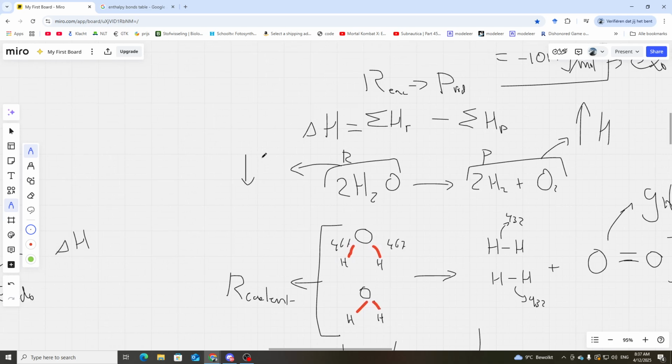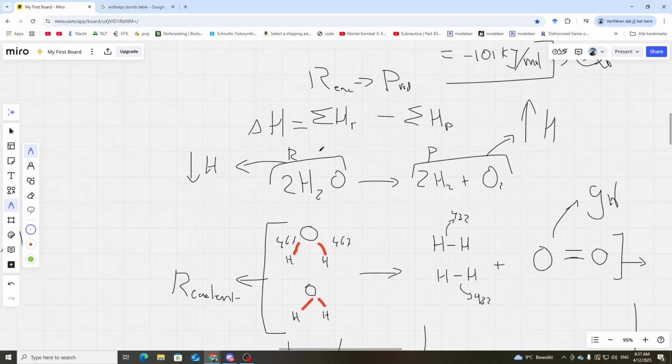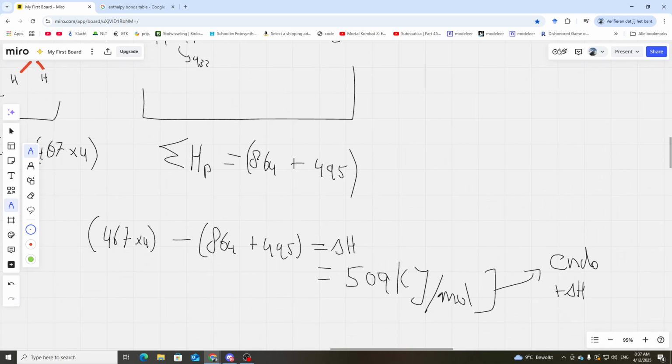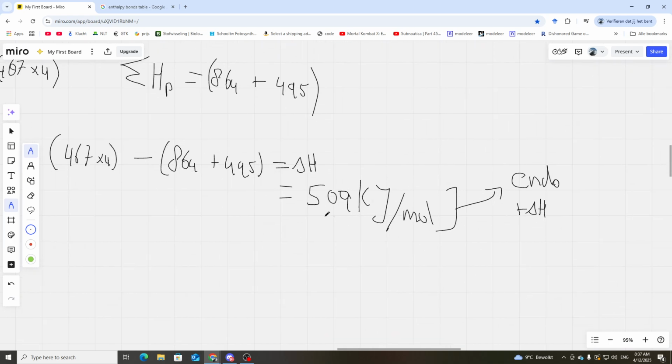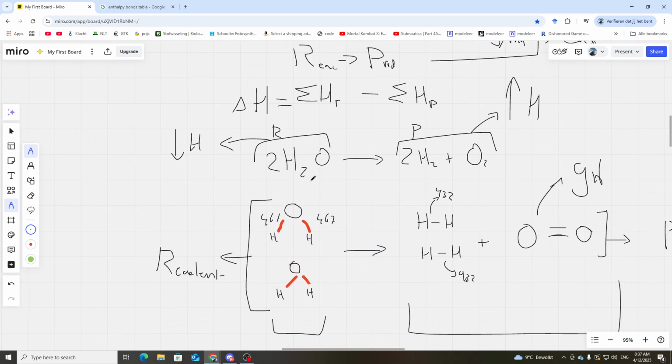So these guys have a lower enthalpy than what they are being turned into. That is what this positive delta H means. How much higher? Well, 509 kilojoules per mole higher. So quite a bit higher.